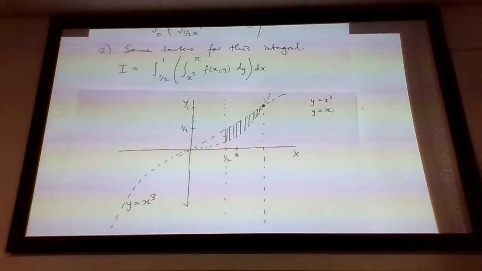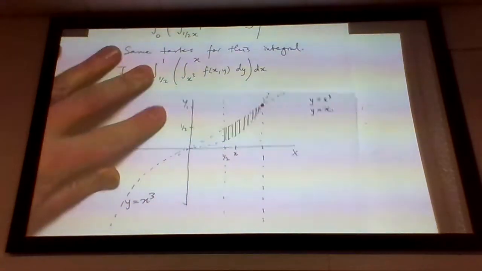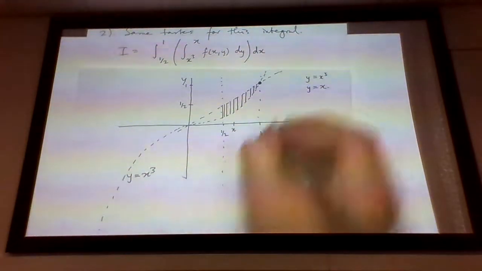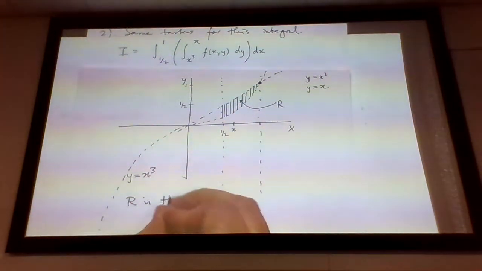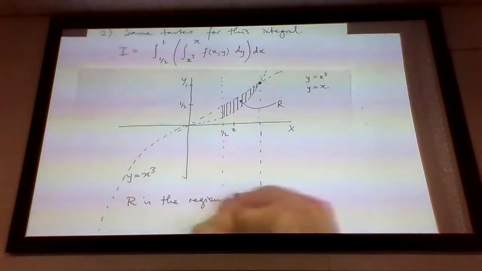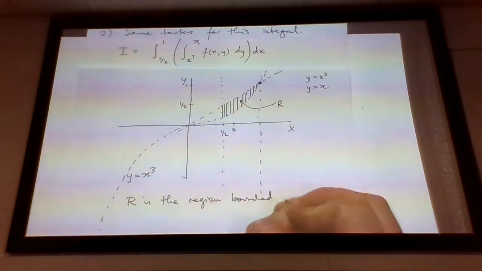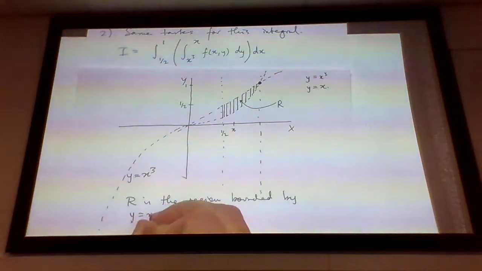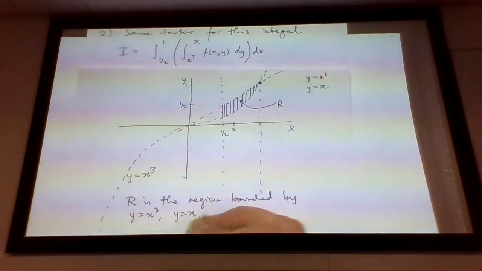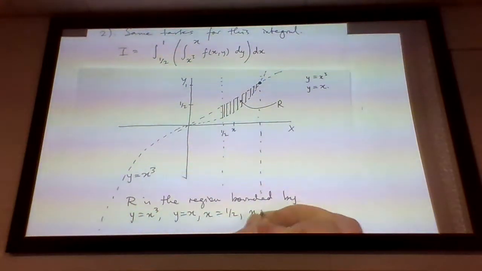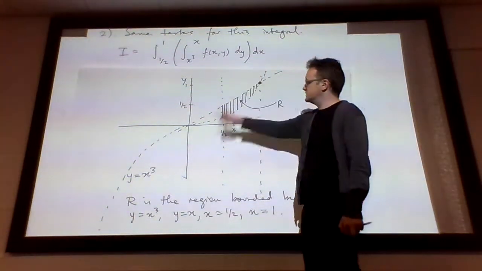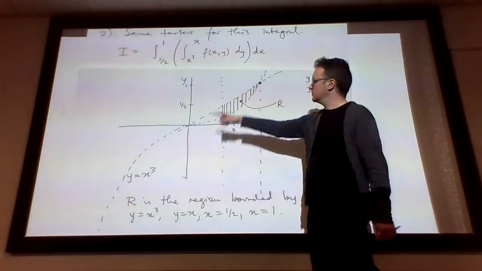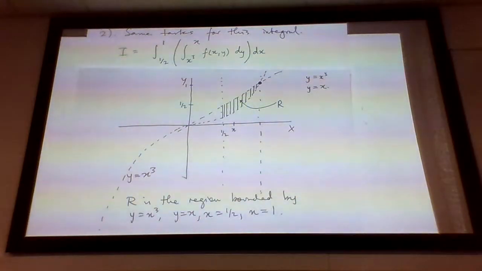It's the region bounded between the two curves, between x equals a half and x equals 1. So R is the region bounded by the curves y equals x cubed, y equals x, x equals a half, and x equals 1. These four boundary curves, two vertical straight lines, and then the y equals x line and the y equals x cubed, they capture that region R.